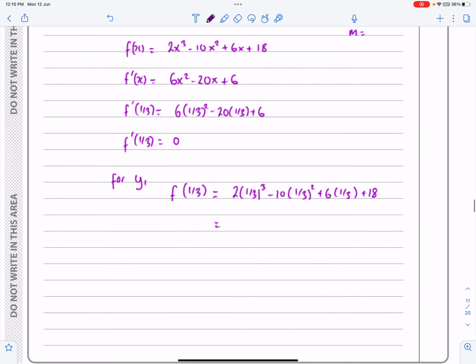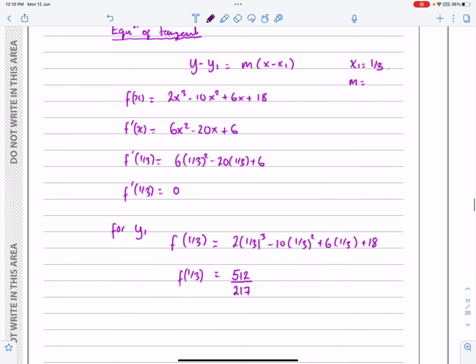It's not going to be a particularly neat answer when we do that, and it's really scary when I get this answer because that makes me think I've done something wrong. I know I haven't because I've seen the mark scheme, but I'd be worried at that stage. I might go back and have another check. But we haven't actually done anything wrong here. I've got m working out to be equal to 0. I've now got my y1 working out to be 512 over 217.